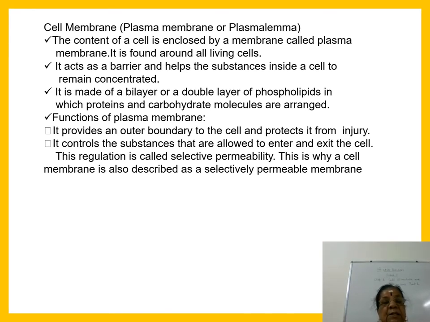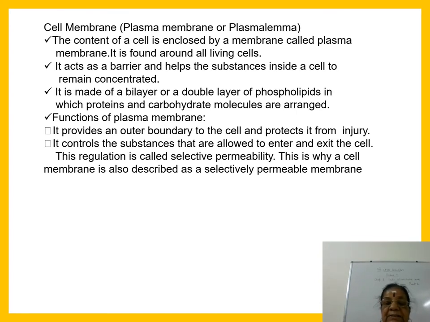Otherwise we say the content of a cell is enclosed by a membrane called plasma membrane. It is found around all living cells. It acts as a barrier and helps the substances inside a cell to remain concentrated. It is made of a bilayer, or double layer, of phospholipid.